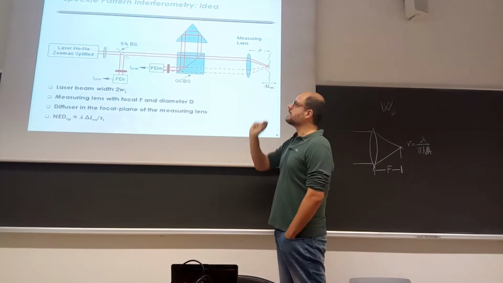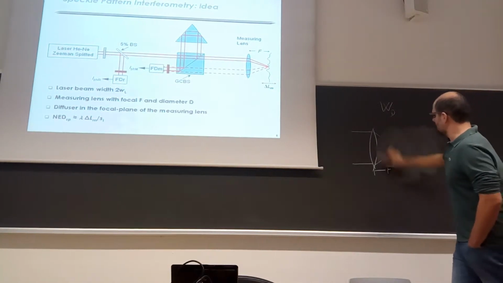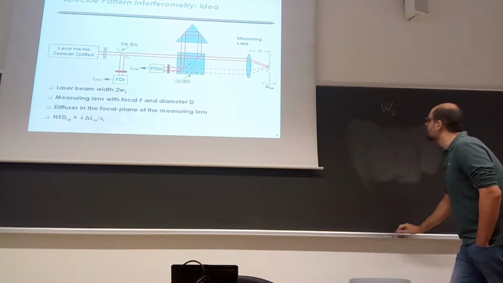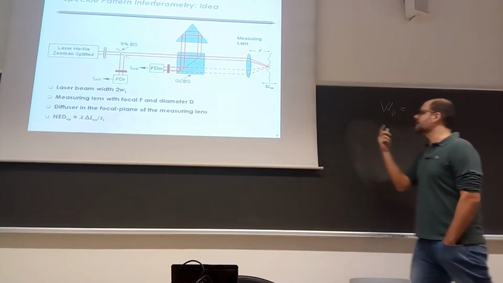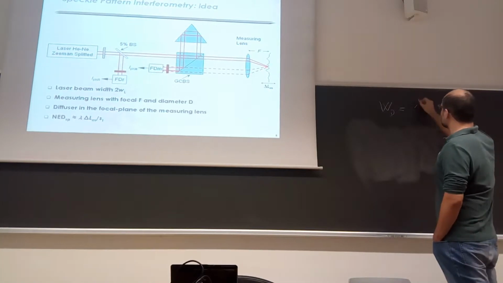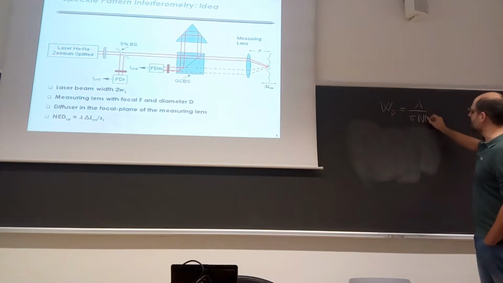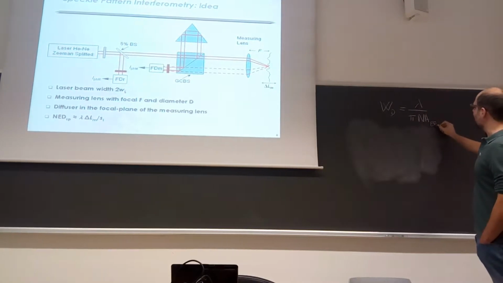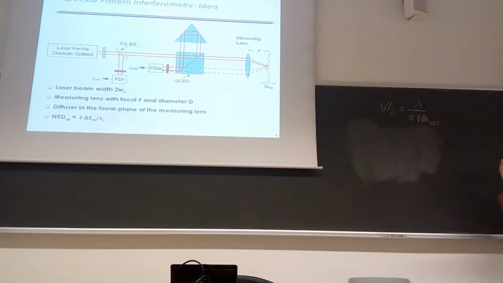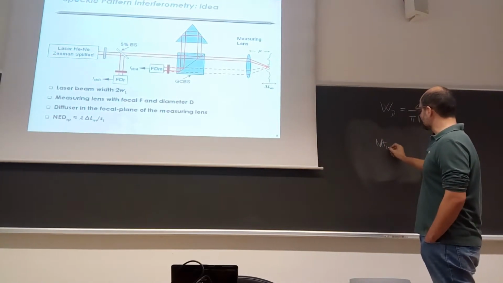So we can write that the radius of the spot will again be proportional to the wavelength divided by pi, but divided not by the numerical aperture of the lens, but the numerical aperture, let's say, effective. What is the effective numerical aperture of the lens?